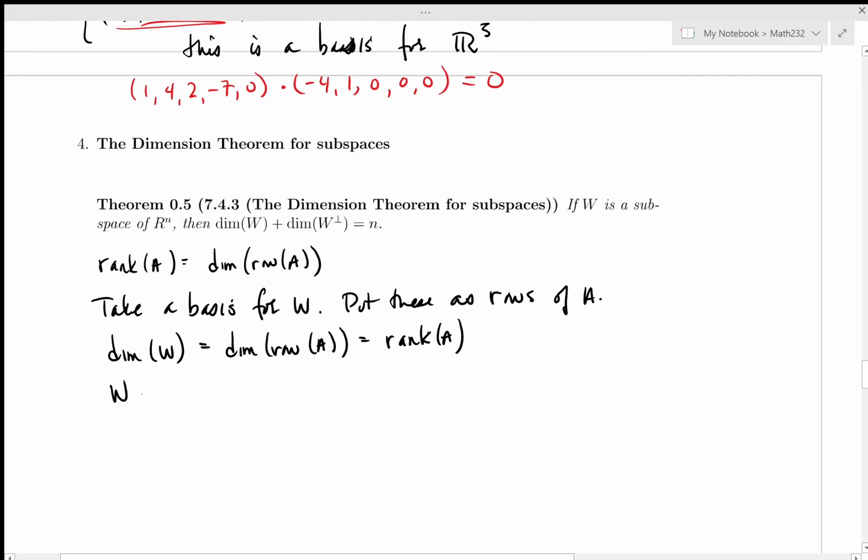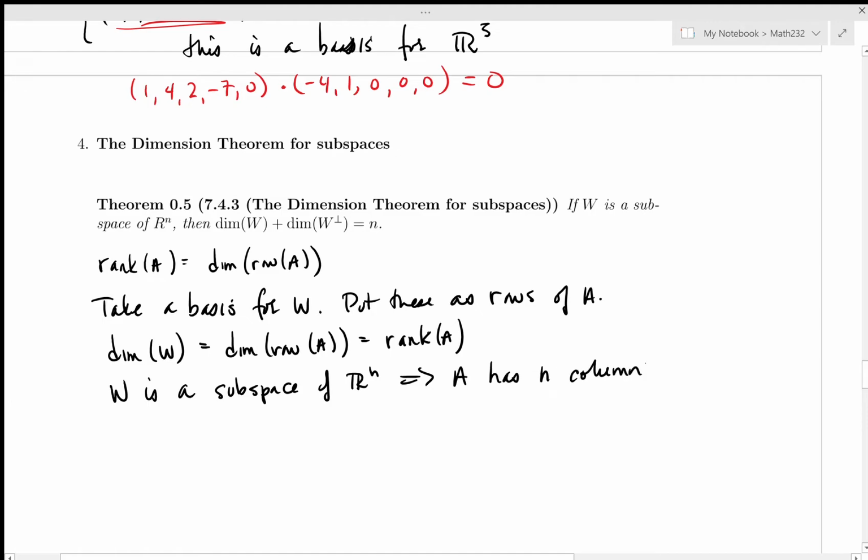Let's write that down. W is a subspace of Rn. That means that A has n columns.